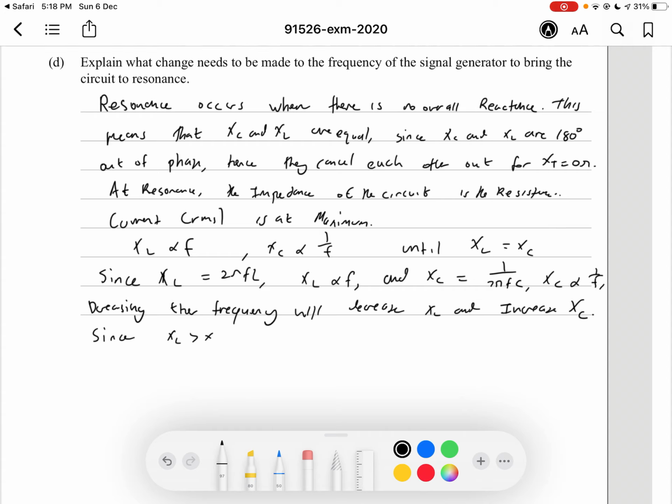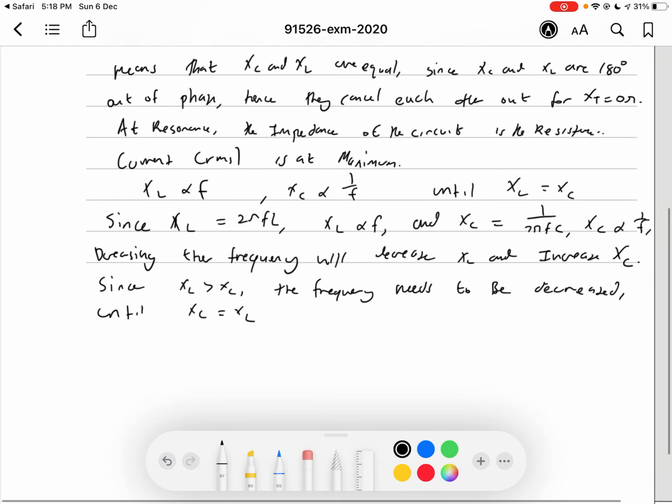So we can say since XL is greater than XC, the frequency needs to be decreased. Sorry, it's pretty messy. So the frequency needs to be decreased until XC equals XL.